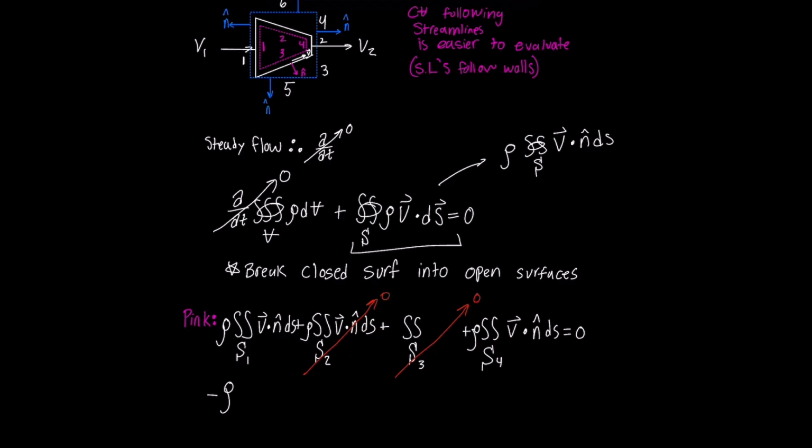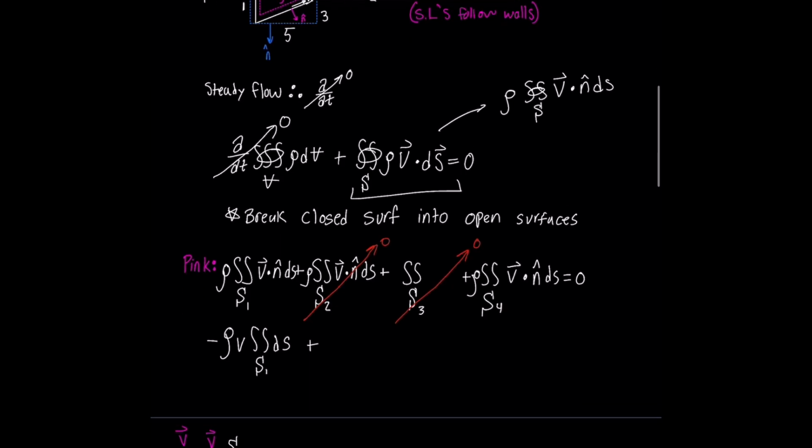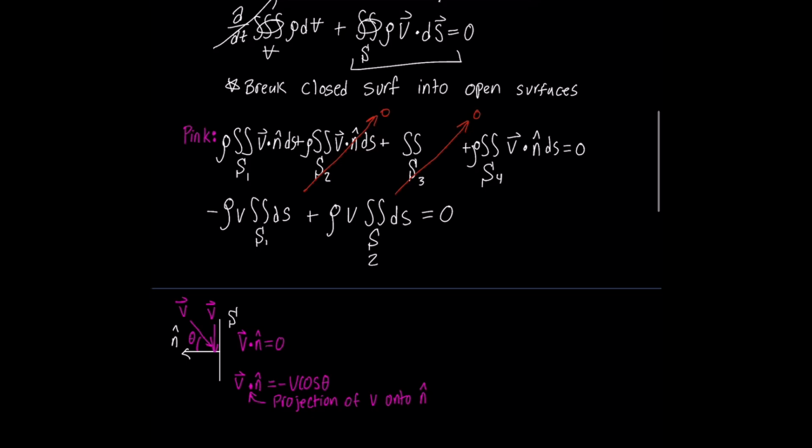So that means that this is negative rho v, the double surface integral ds, because for surface 1 the velocity is going to the right, but the normal vector has a negative 1 in the x direction, so that's why it's negative. But this one has a positive 1 in the x direction, and velocity is going to the right as well. So that evaluates to positive rho v double surface integral of ds, and that all equals 0.